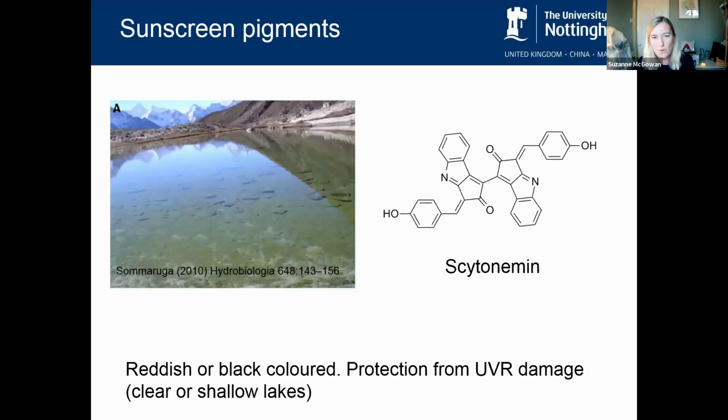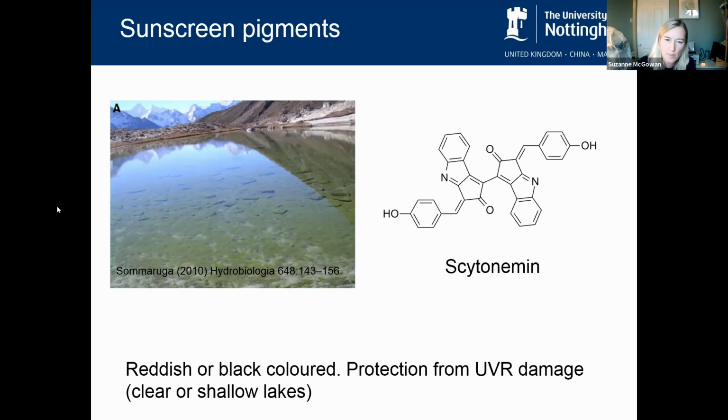If you've got no DOM, which often occurs in high mountain environments, you've got no vegetation. The DOM comes from vegetation, so it's from organic matter. And you've got an environment like this, which is a really, really shallow lake. There's nowhere for anything to hide there. So this is the type of environment where you get adaptations in organisms.